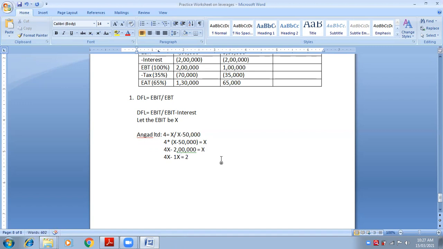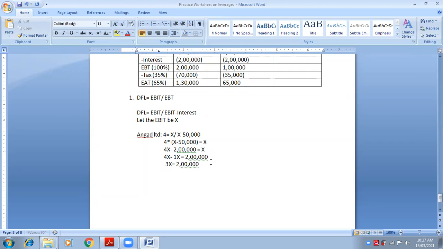See, this is minus 2 lakhs. Minus 2 lakhs will go to the opposite side and be converted into plus 2 lakhs. Very good. Now tell me, 4X minus 1X is how much? 3X. 3X is equals to 2 lakhs. 2 lakhs will be same.